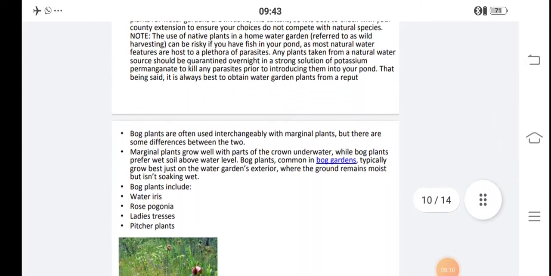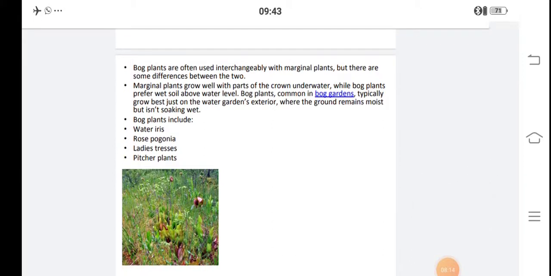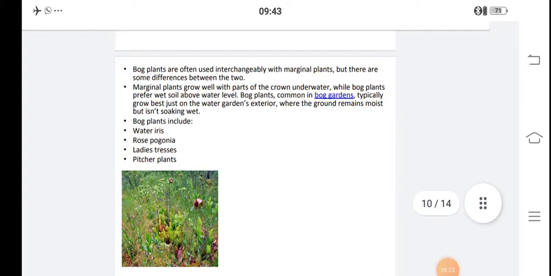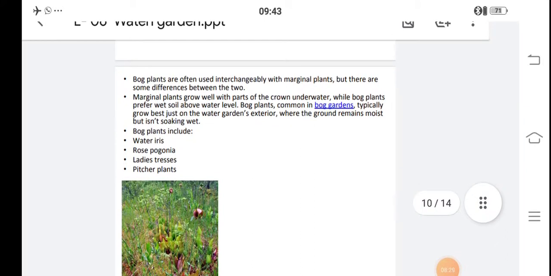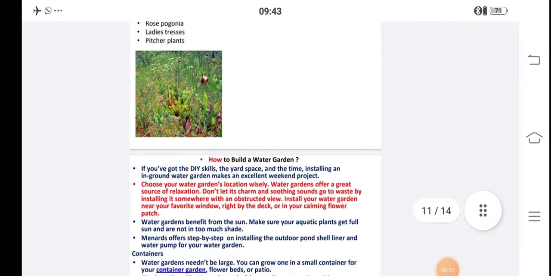Then there is the use of some plants: water iris, bog plants, mosses, some rose, pogonia, pitcher plants, other weeds. त्याला सी वीड्स म्हणतो आपण. जसं आपल्याकडं शेतामध्ये तण असतं त्याला वीड हा शब्द, तसं वॉटरमधल्याला it is called the sea weeds. आणि त्यामध्ये मग हे पिचर प्लांट, रोज, अदर्स, बॉग प्लांट्स दे आर टू बी यूज.